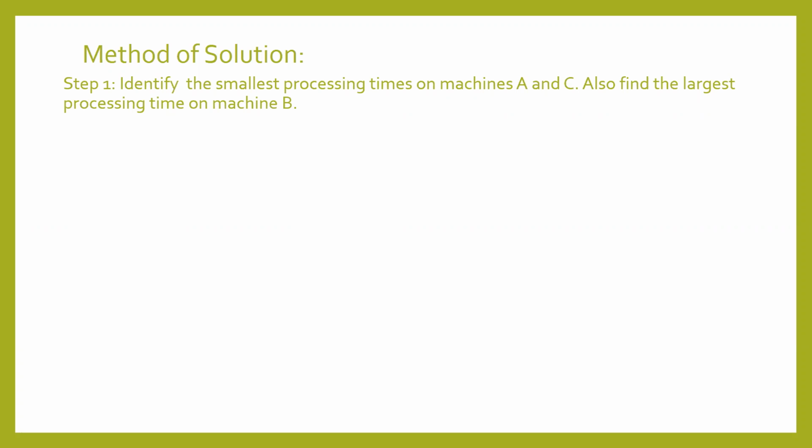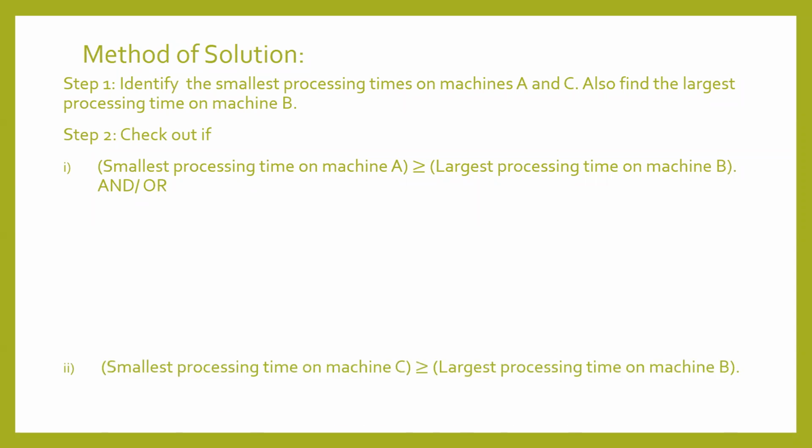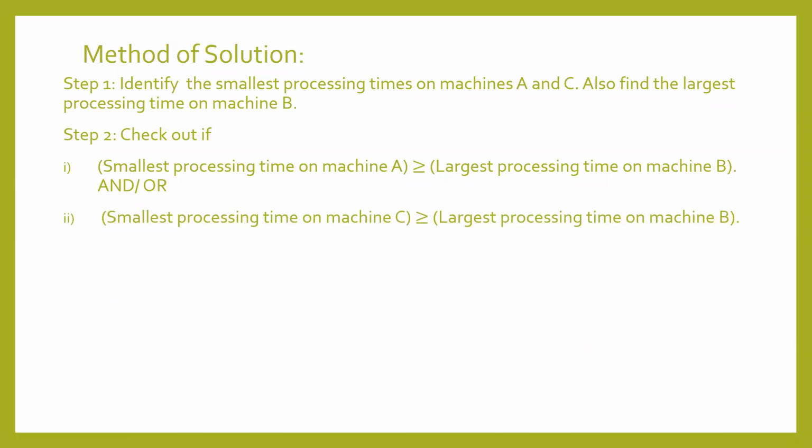Now, check if the smallest processing time on machine A is greater than or equal to the largest processing time on machine B, and or the smallest processing time on machine C should be greater than or equal to the largest processing time on machine B. So either one of the conditions or both can be satisfied.